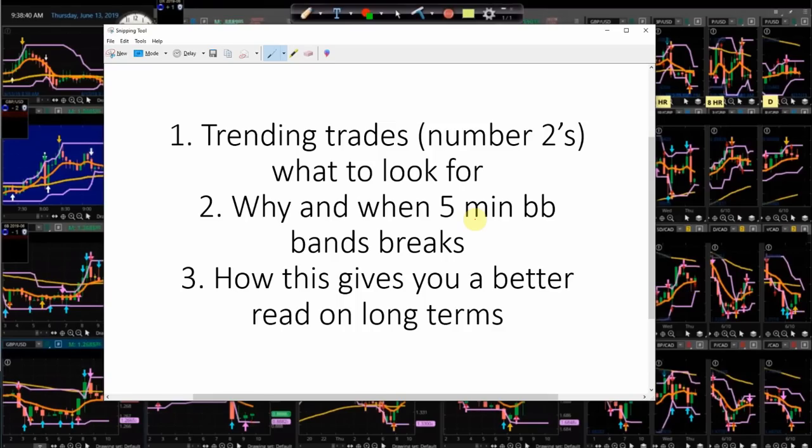And now you understand why MTs know when 5 minute BB bands are going to break and when they're not. And look, this gives you a better read on the long term. Look at the last video, how there was lots of 1 hours on the 1 hour time frame, and that daily looked like it was doing its second move. It had a daily arrow down 2 or 3 days prior.